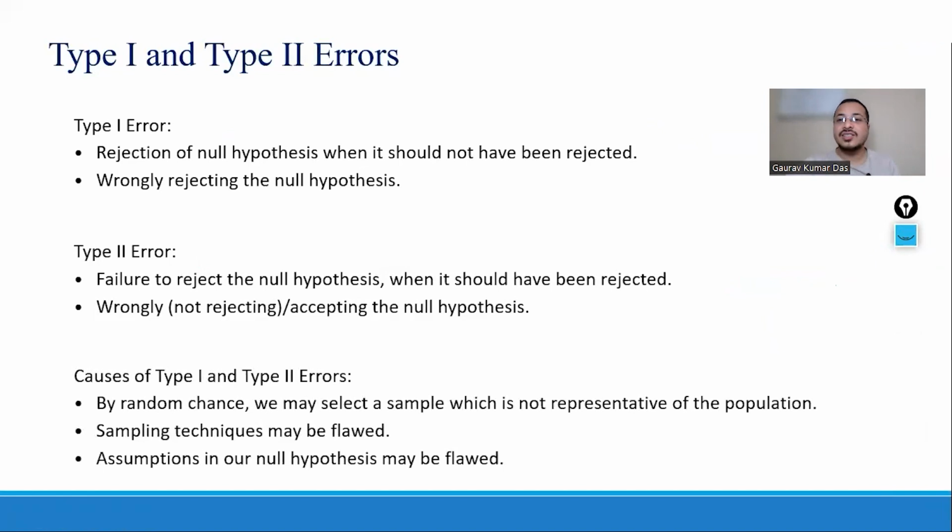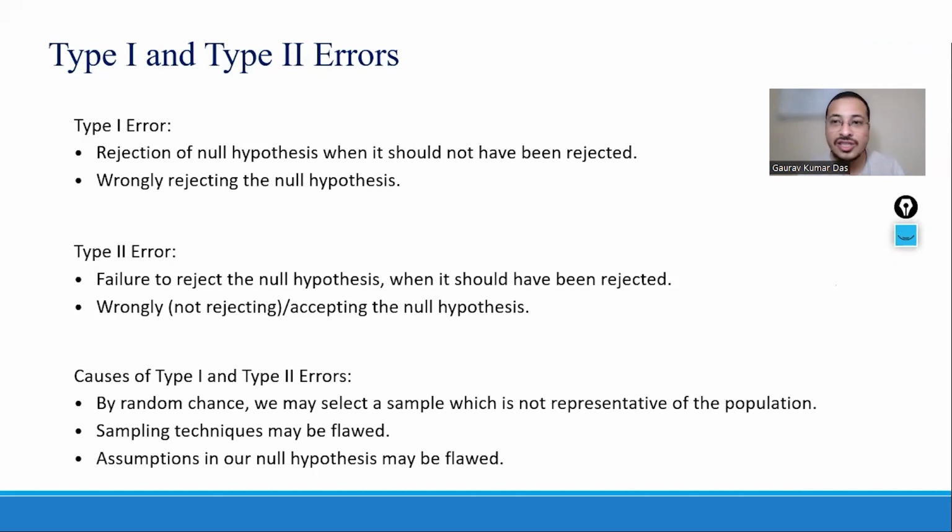So what are the reasons for these types of errors? Very simple. As I told you, although my null hypothesis may be correct, mu is equal to 50, and the sample mean is also 50, the calculations I'm doing are based on sample data in a hypothesis test.